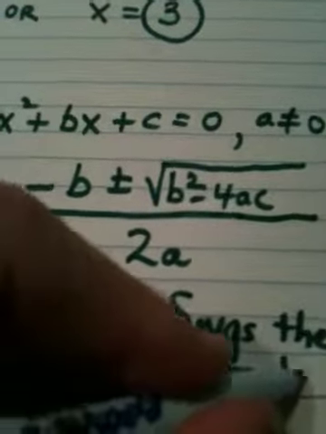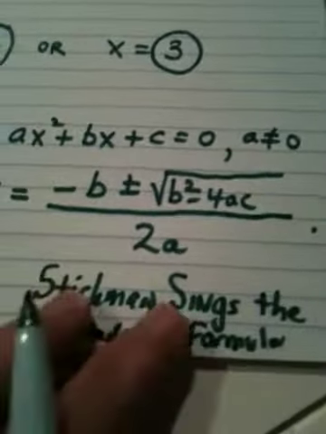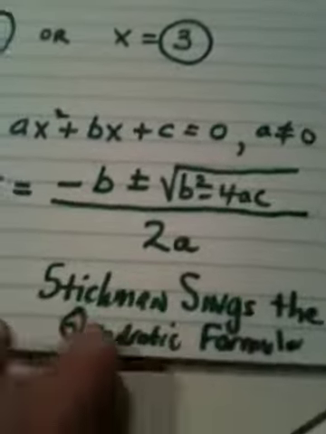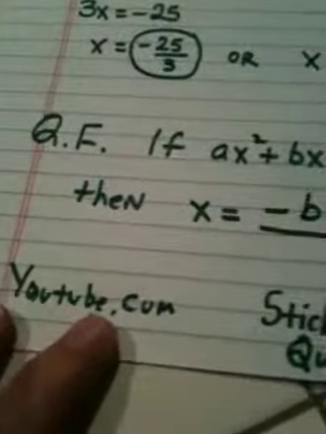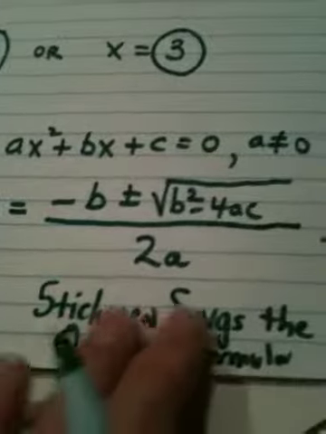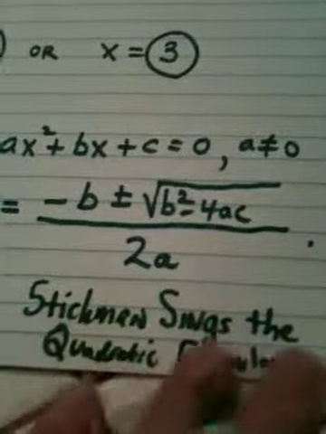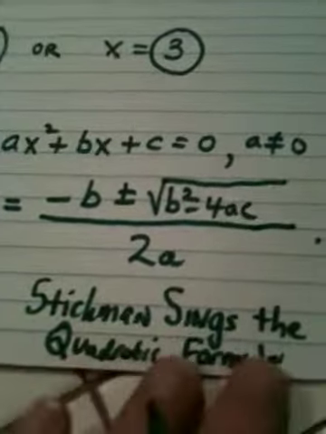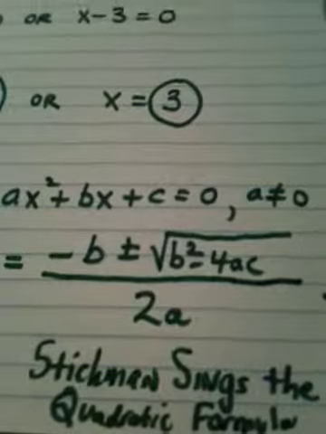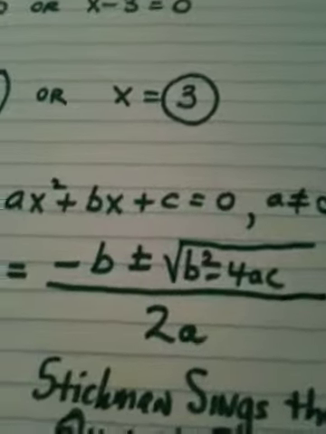And I've got 80,000 hits already, people, so go for it, okay? If you want to know a quick way to remember this by song, go to youtube.com, type in Stickman under search, type in Stickman Sings the Quadratic Formula, and I'll sing this to the tune of Frere Jacques for you, okay? But again, let me be honest.